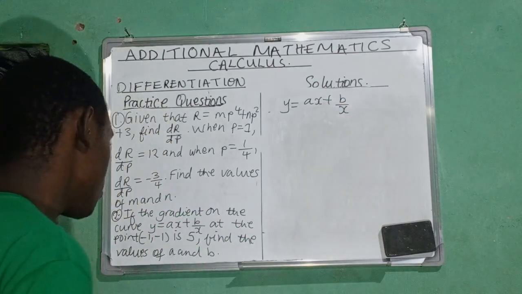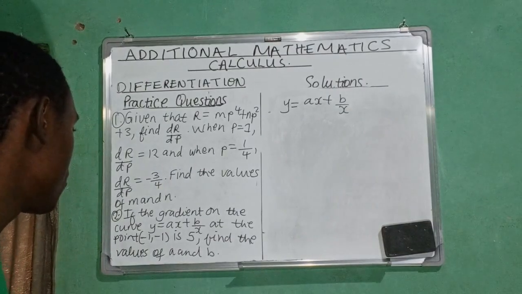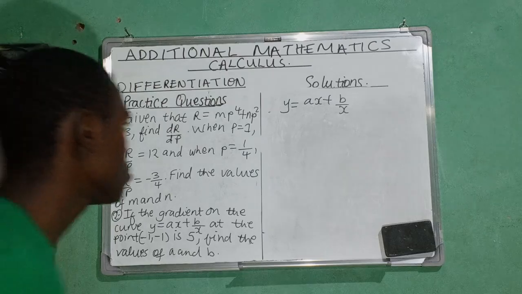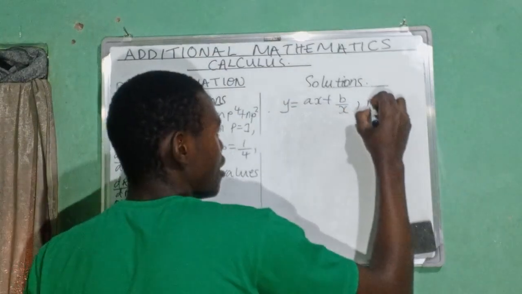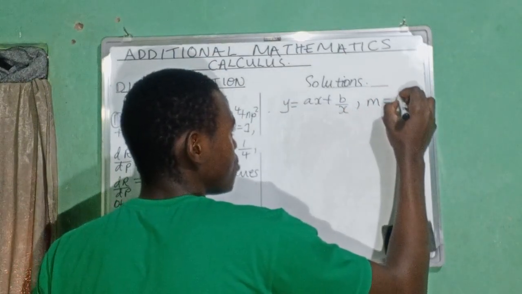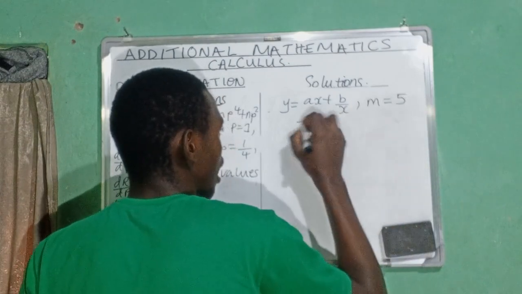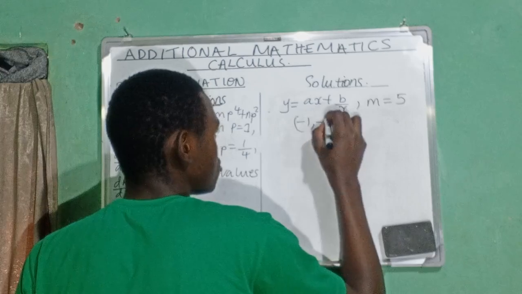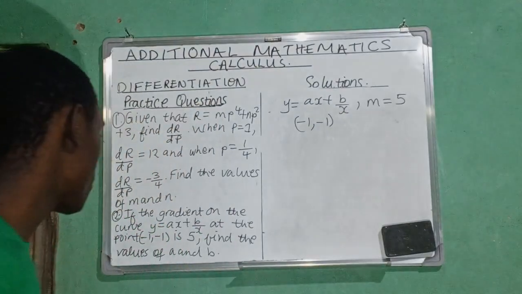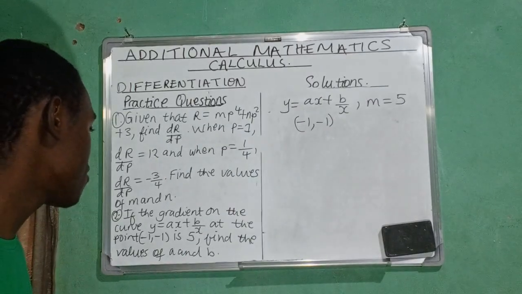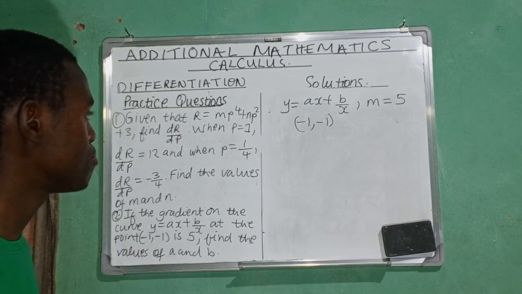The gradient m is equal to 5 at the point (-1, -1).